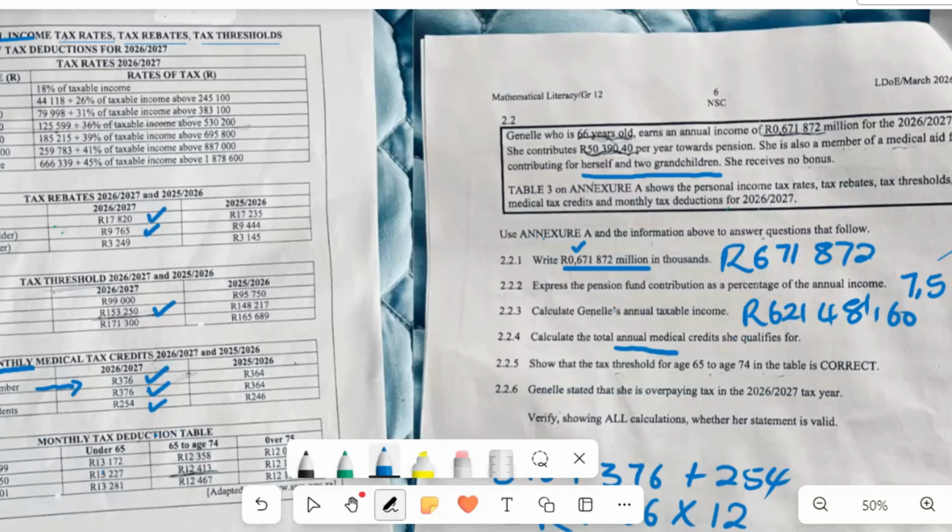Let us check. And here it is on the threshold table. There it is. Never mind my drawings, it's just not so nice, but you have seen what I was trying to highlight.